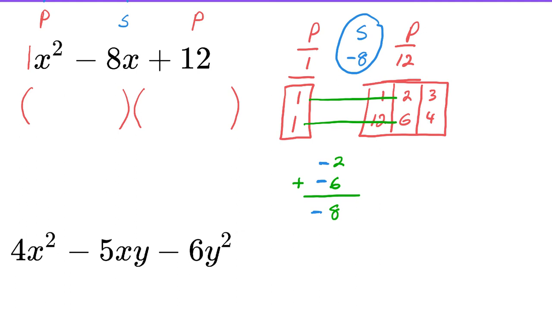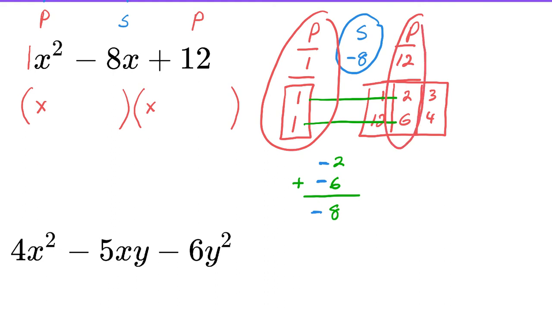So the way this method now works is you place your first product numbers in the first position. So you have 1x and 1x. So that's the first done. You then take your second successful pairing and you place them in second position.